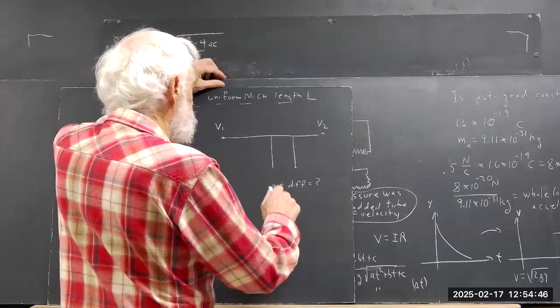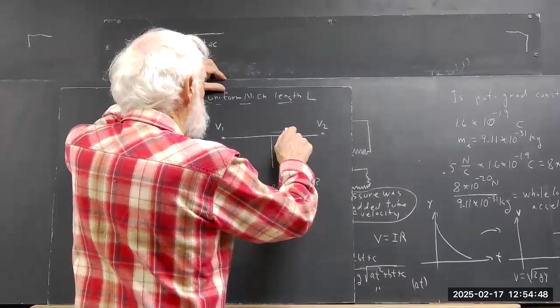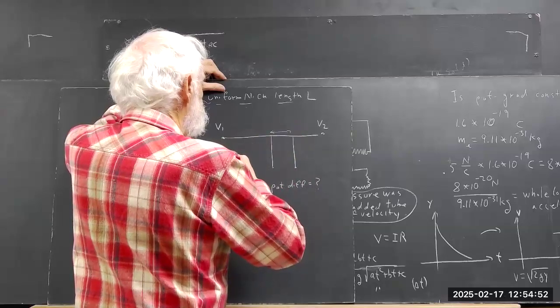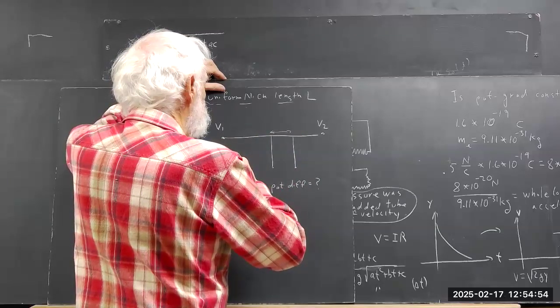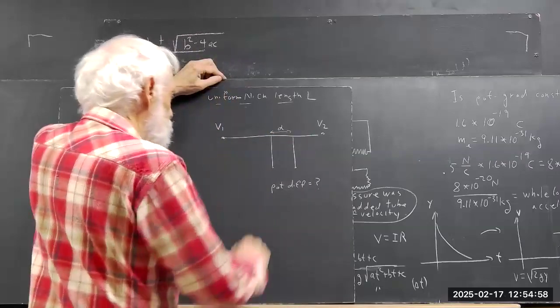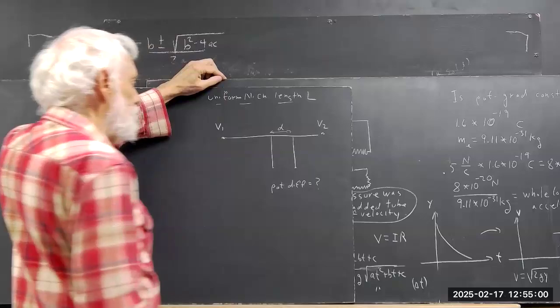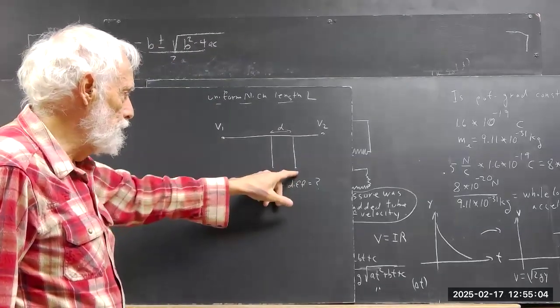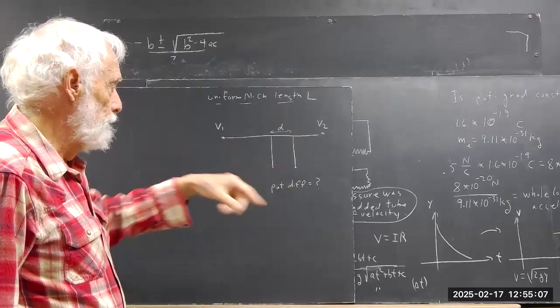If this distance is, let's just say D, I'd like to use D. There it is. Okay. This distance is D. What's the potential difference between here and here?